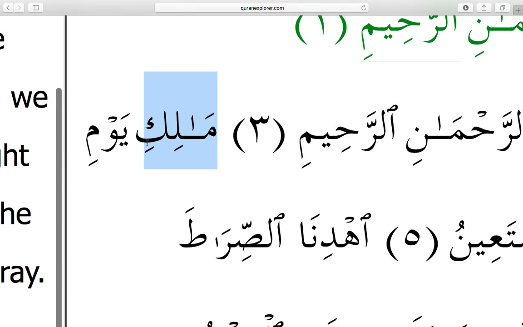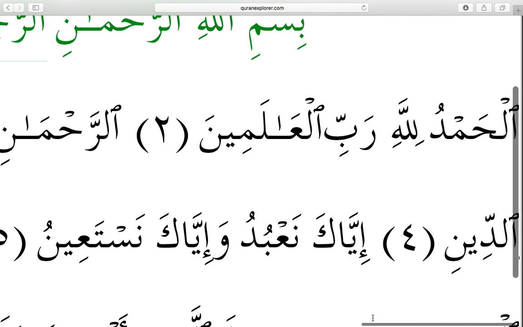This word is Malik. Mim, mim, lam, kaf. This word is Yawm. Ya, wa, mim. This word is Ad-Din. Alif, lam, dal, ya, nun.